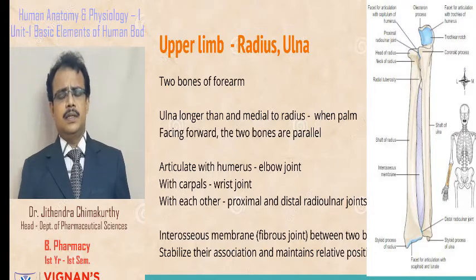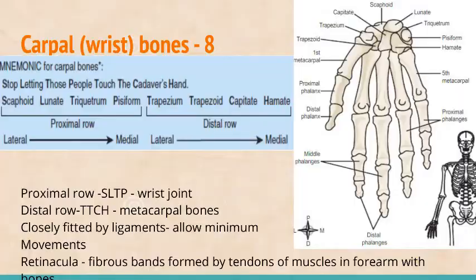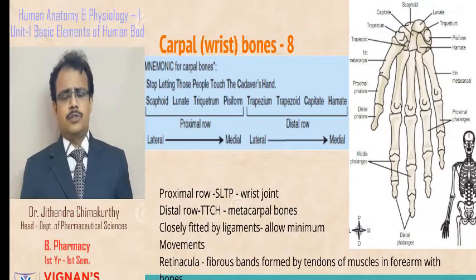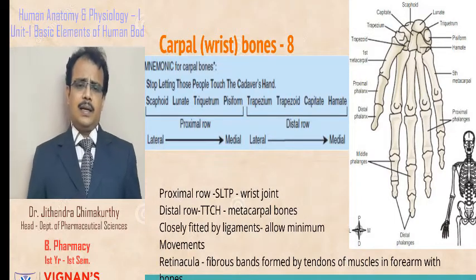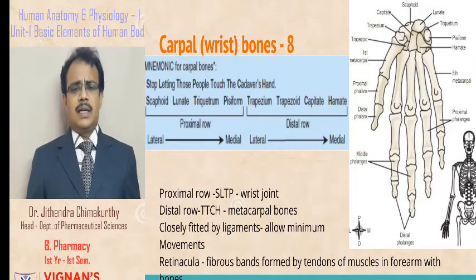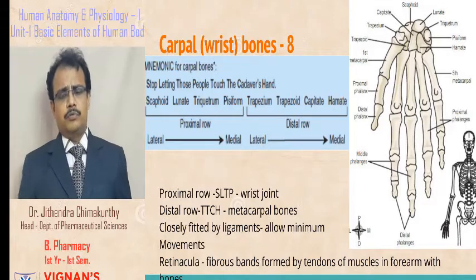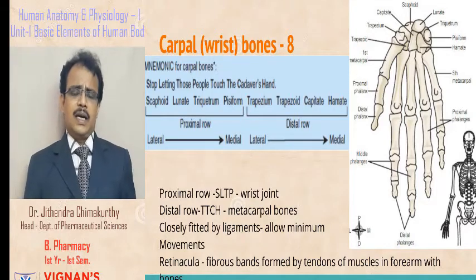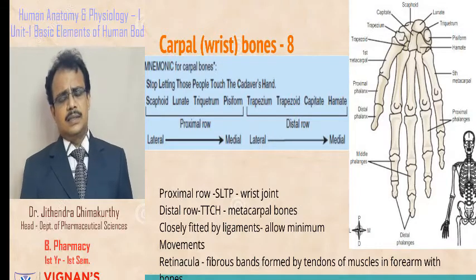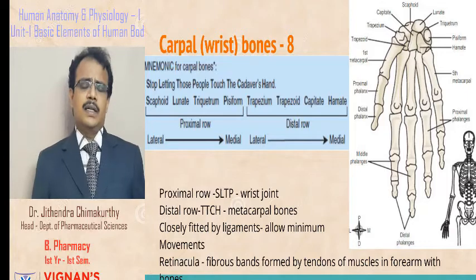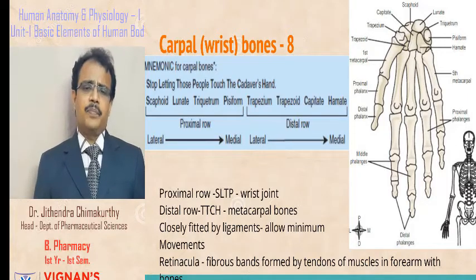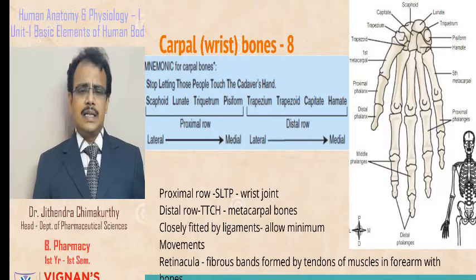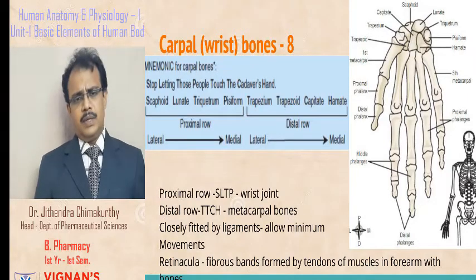Now we will see the bones of the wrist, and these bones are examples of short bones and they are called carpals. There are 8 carpals which are arranged in 2 rows, 4 in each row, and they are named accordingly from the lateral to the medial ends. The proximal row consists of 4 carpals: scaphoid, lunate, triquetrum, pisiform.